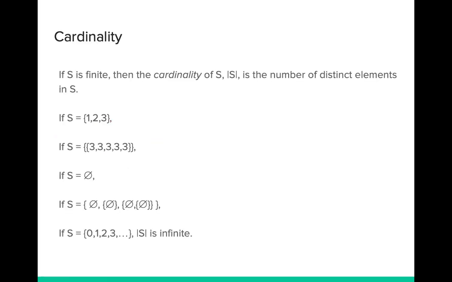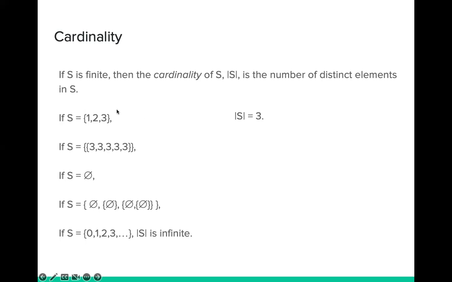So now, how can we count the elements of a set? If S is finite, meaning it is countable, then the cardinality of S may be denoted using this notation. We enclose the set in vertical bars. So the cardinality is the number of distinct elements in S. So suppose we have a set S equals {1, 2, 3}.